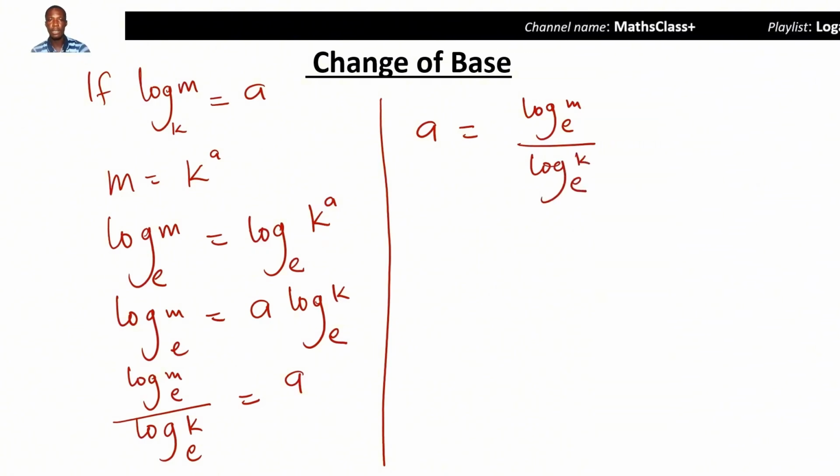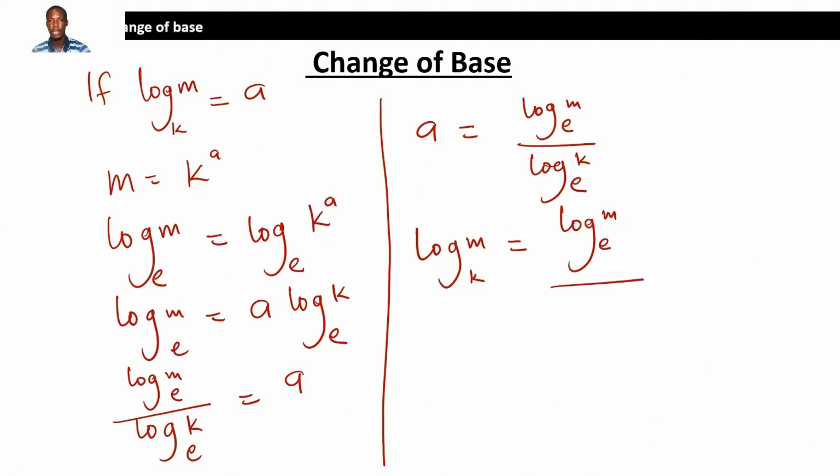Now remember that a is log m base k, so we substitute, and that gives us log m base k is equal to log m base e divided by log k base e.